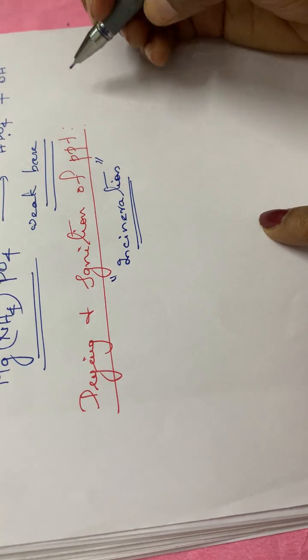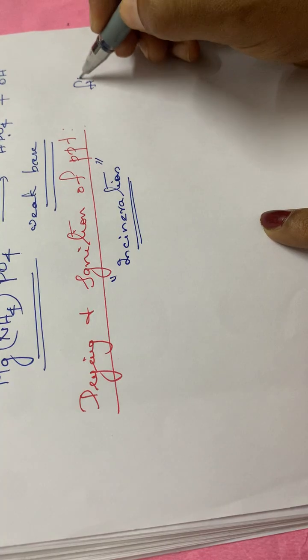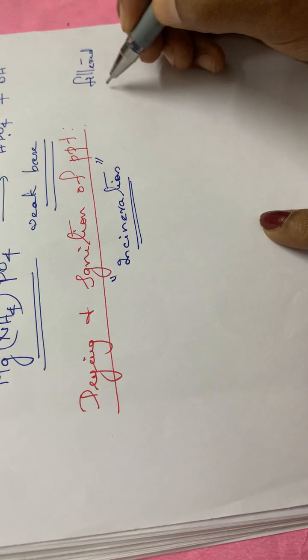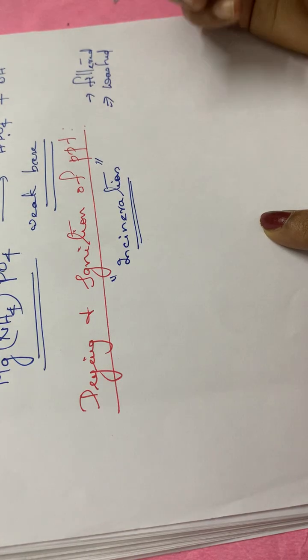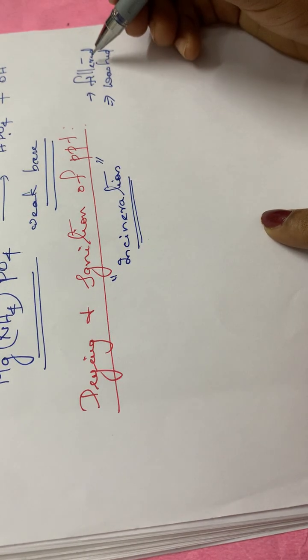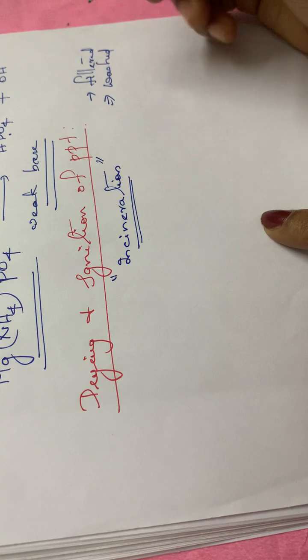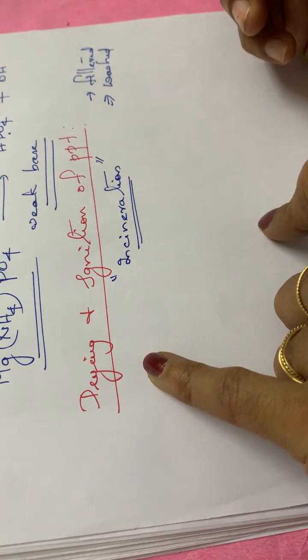After the precipitate formation, we have filtered it and washed, isn't it? These two processes had already been done. So after this filtering and washing, we have to dry it and ignite it.